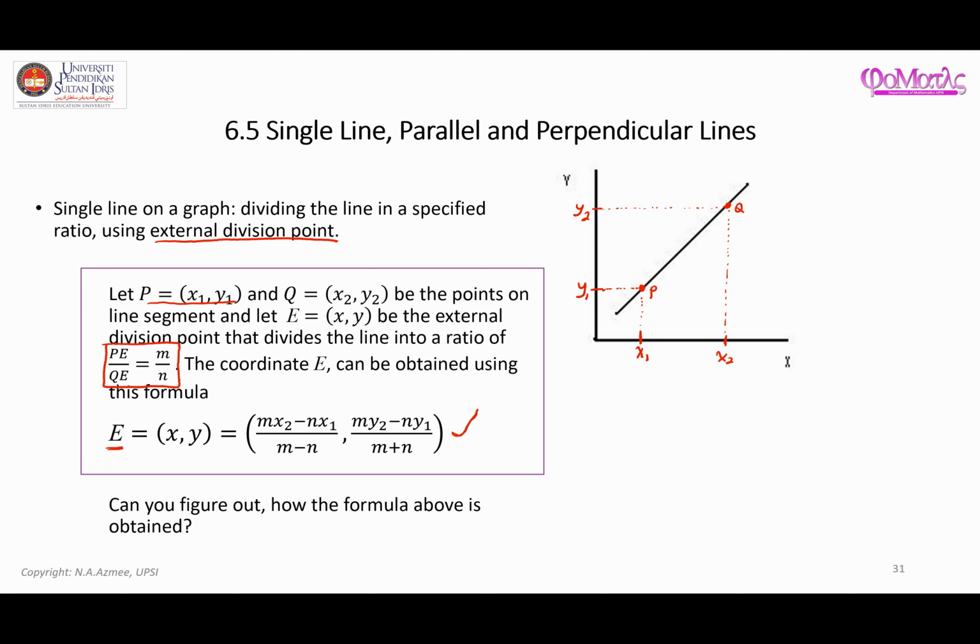Okay, next we have point E. So point E is an external point, so maybe point E is somewhere here. So this is point E, and it divides the line into a ratio of PE over QE equal to m over n.